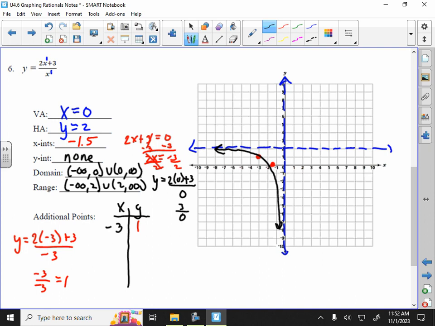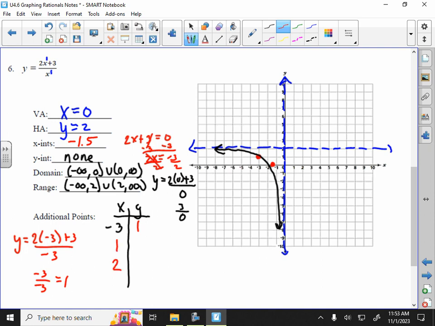Right, and now we need the other curve in the diagonal quadrant. So again, it's based off where the vertical line crosses. So it's crossing through 0. So that means to get 2 points that are on the right side, we need 2 numbers that are bigger than 0. So you could use positive 1, positive 2, positive 3, positive 4. You need 2 points. Okay, so I'll just use 1 and 2.